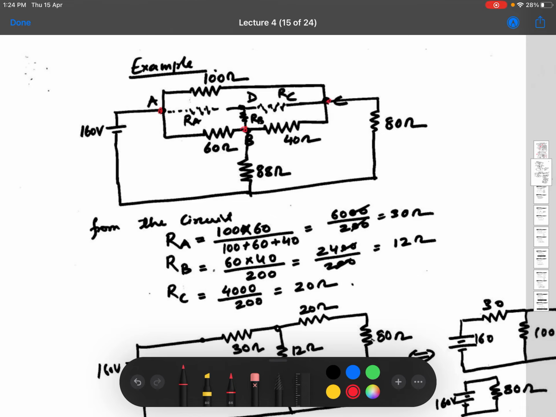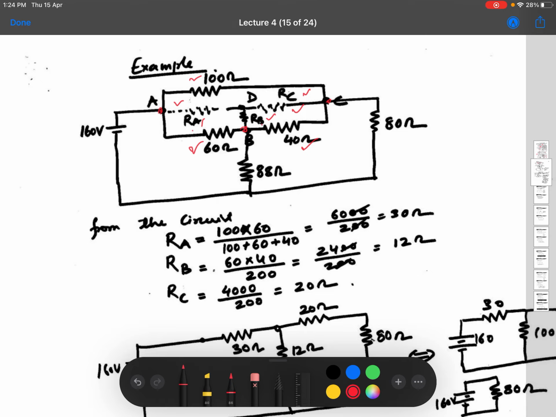There is a delta connected load A, B and C, if you remember, and this was 100, this was 60, this was 40. This is in a delta connection, A to C, C to B and B to A, and I have shown a dotted star connection, RA, RC and RB.